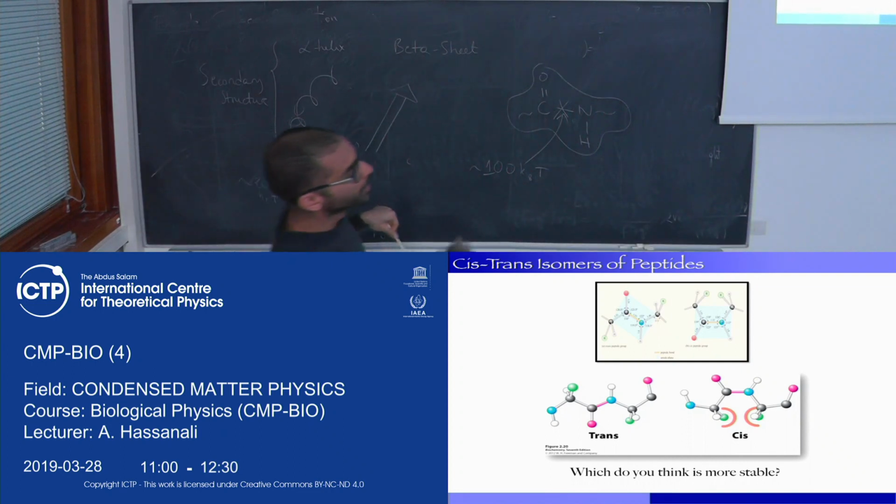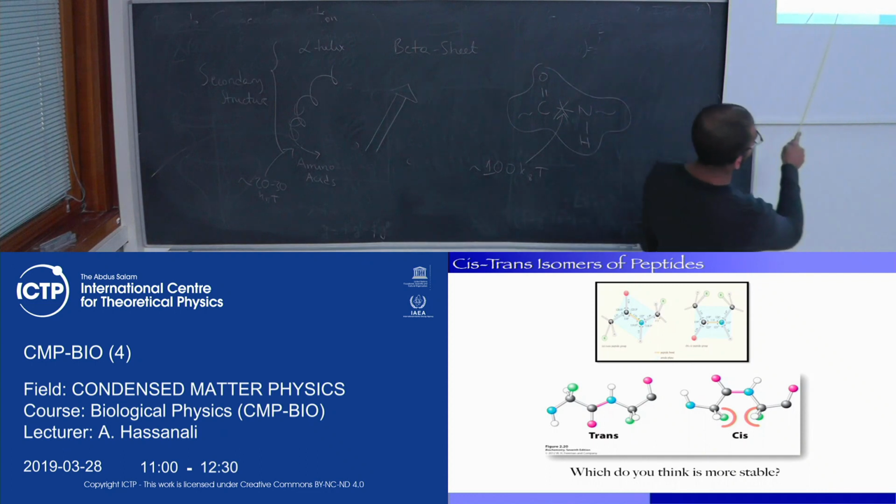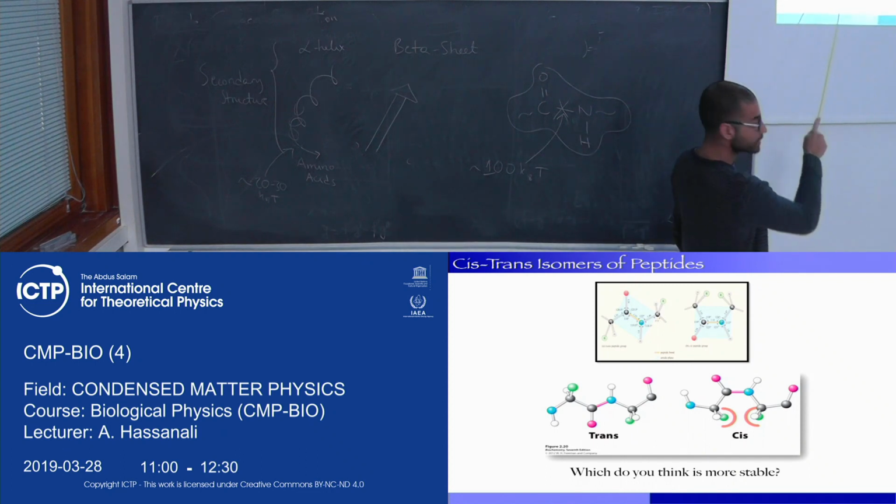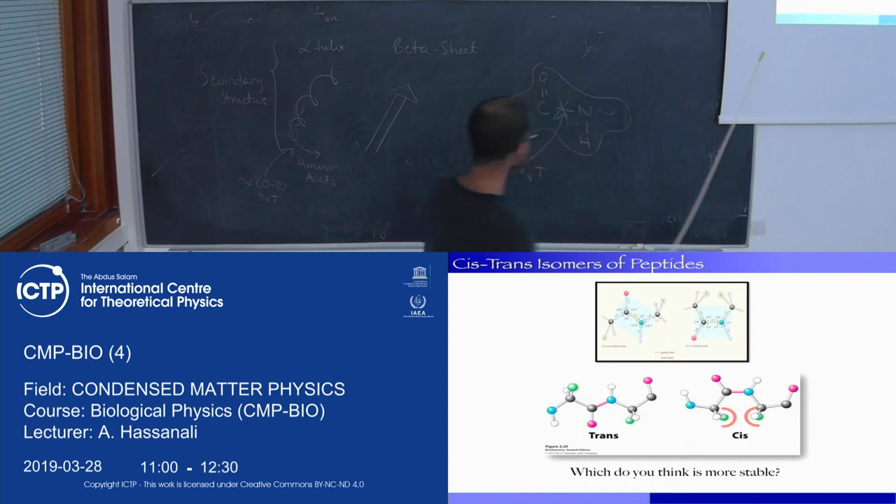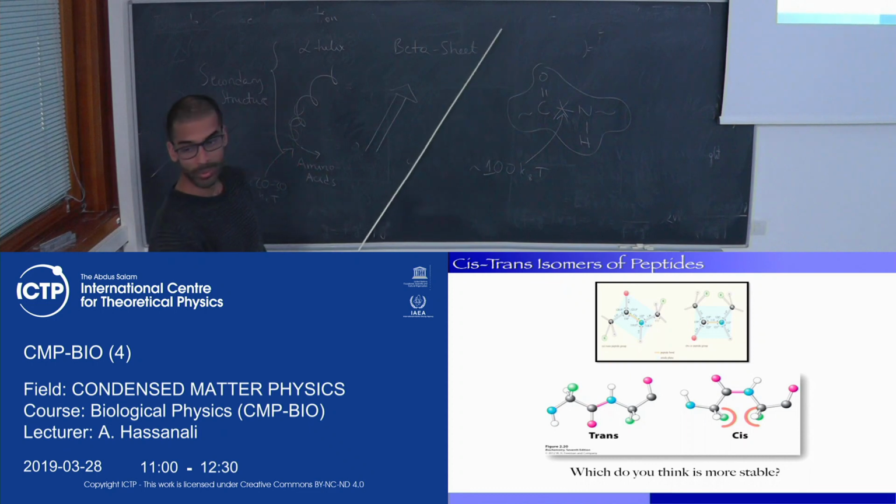So, peptide backbones. This is the amide bond, CONH. This is how we've been drawing it, right? We're drawing the CO pointing up and the NH pointing down.